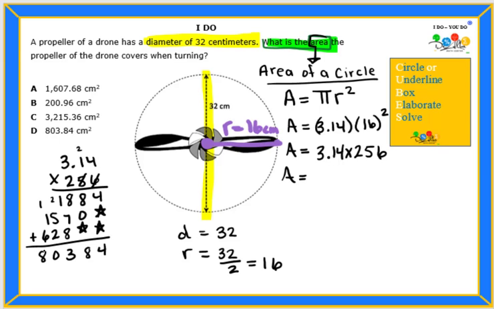In our first factor, we had 2 decimal places. Our second factor did not have any decimal places, so our product will have 2 decimal places. So our decimal goes between the 3 and the 8. So we have the area is 803.84, and our units were in centimeters, so squared centimeters.